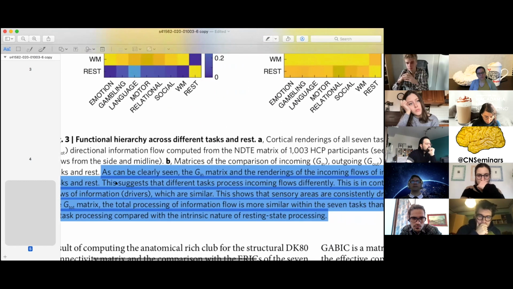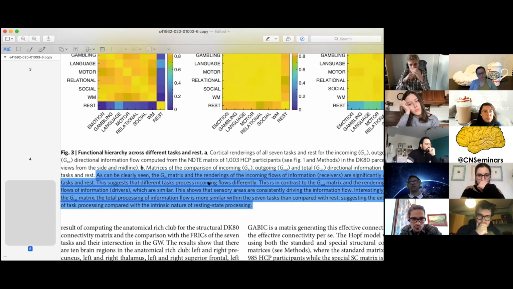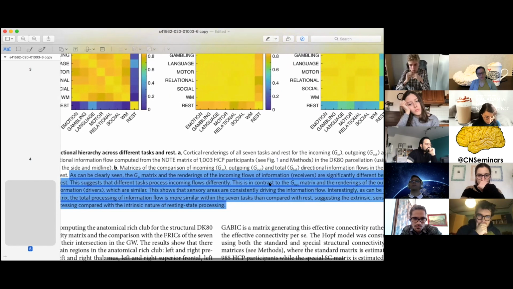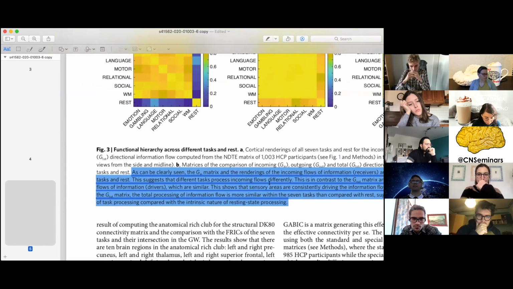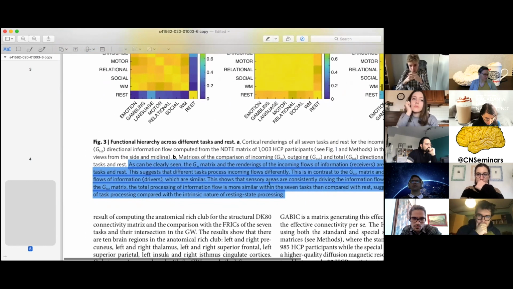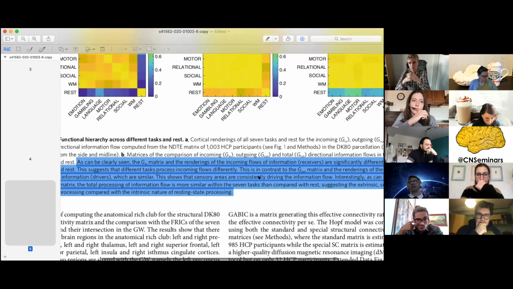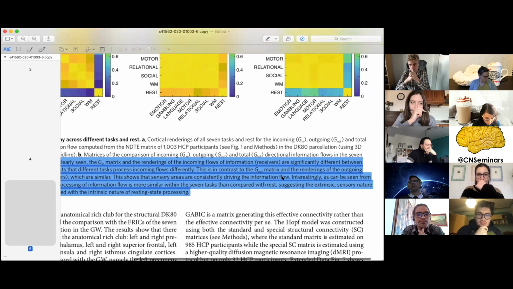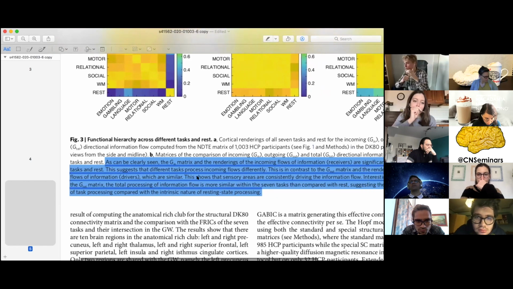That's actually stated here: as can be clearly seen in the G in matrix, the rendering of the incoming flow of information is significantly different between task and rest. This suggests that different tasks process incoming flow differently. This is in contrast with what is coming out, the G out matrix, a rendering of the outgoing flow of information drivers, which are similar.